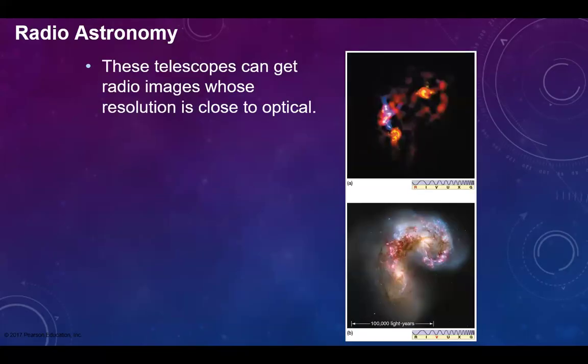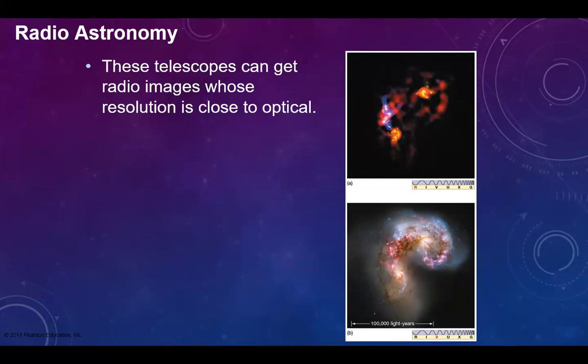And these telescopes can get radio images whose resolution is close to optical, as you can see here. So this is the radio image, this is the optical image. You can see the resolution is about the same.